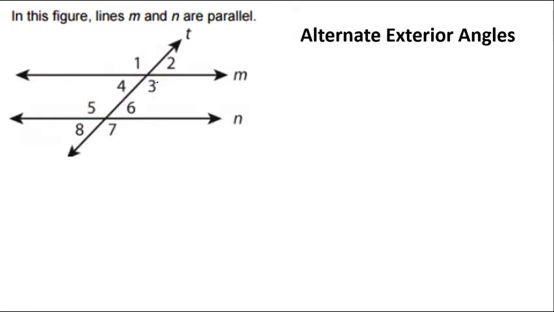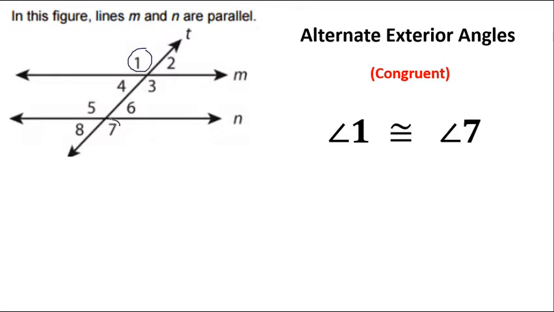Okay, now next one's the alternate exterior angles. And again, alternate means they're on opposite sides of the line T, and they're on the outside, the exterior, of the 2 lines. So here we start off with angle 1. Again, they're congruent to each other. So angle 1, which is here, is congruent to angle 7, which is down here.